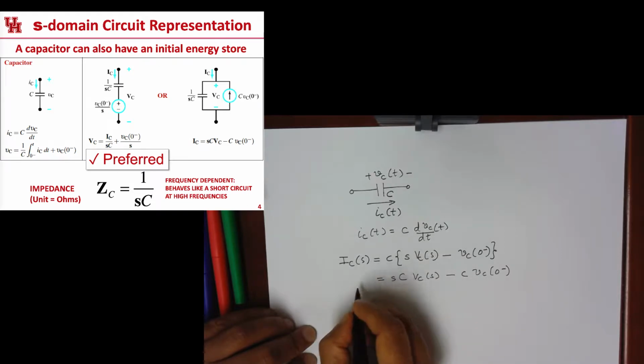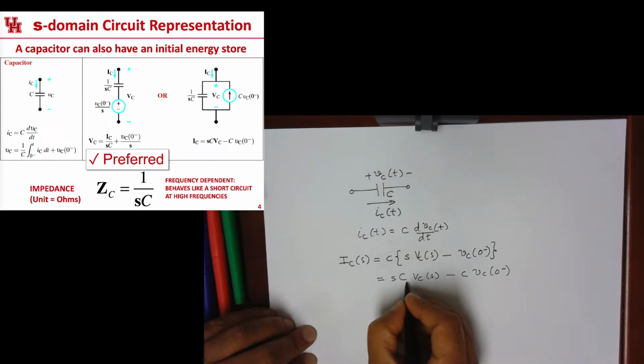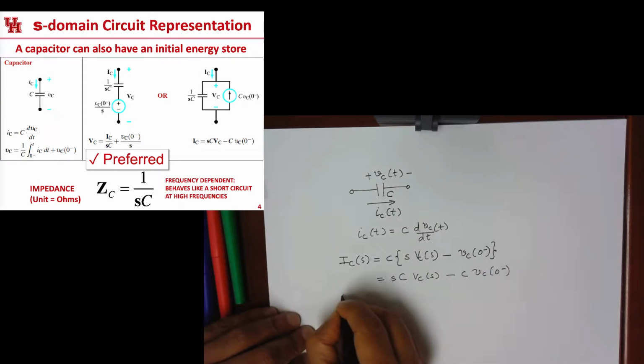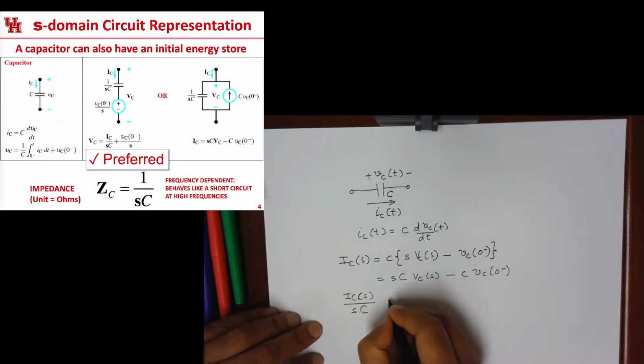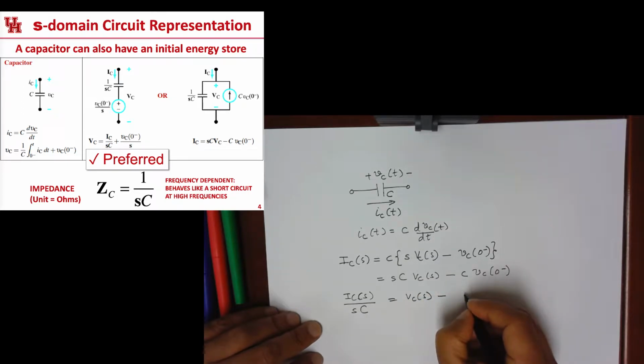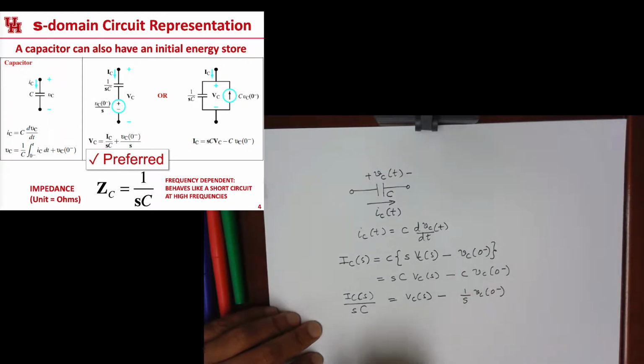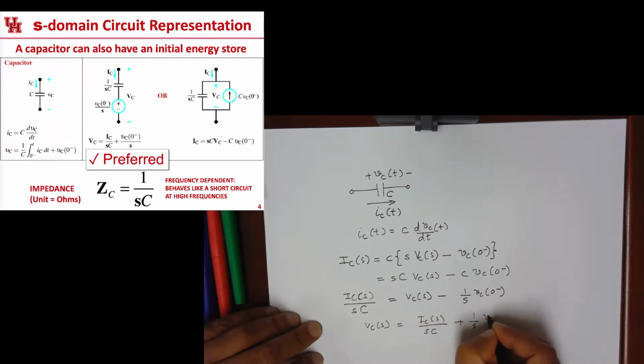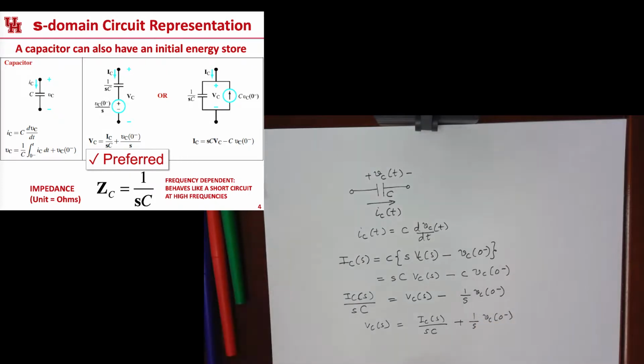So I can divide throughout by SC, so I can get I sub C of S divided by SC equals Vc of S minus 1 over S V sub C of 0 minus. In other words, Vc of S is I_C of S divided by SC plus 1 over S V sub C of 0 minus.